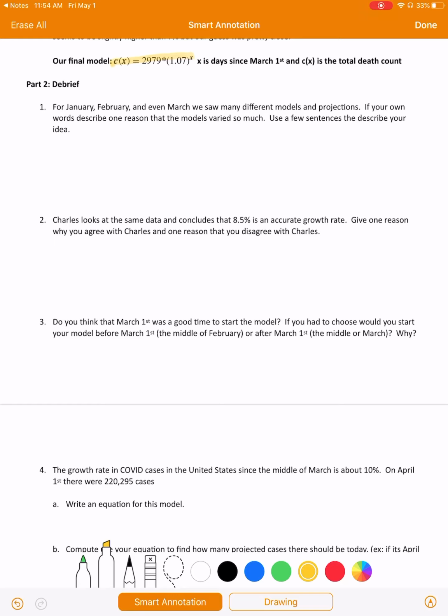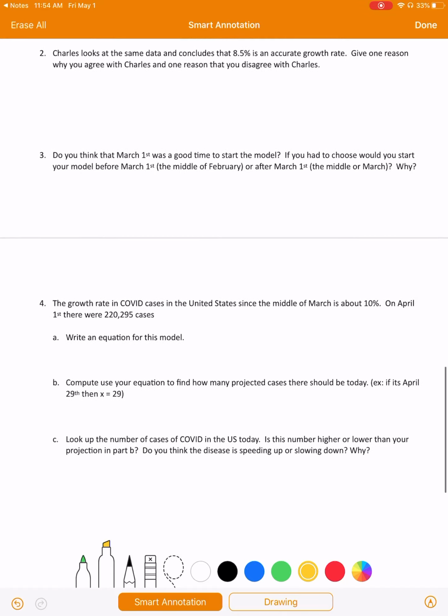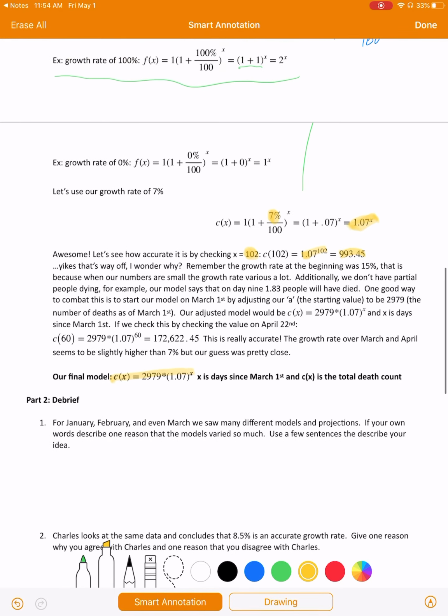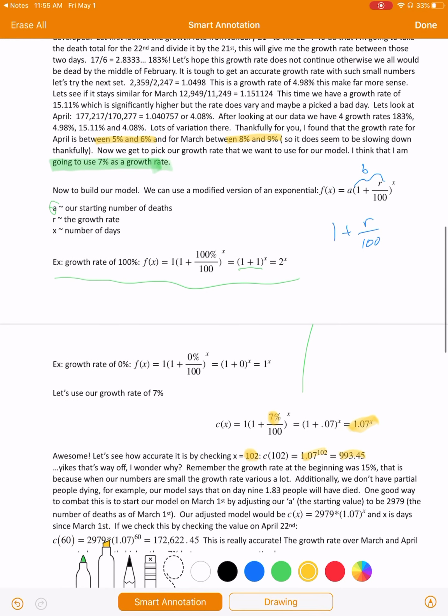The last one is just preparation for Friday. I want you to quickly build your own growth rate formula. So I gave you the growth rate and I gave you your A value, and I just want you to plug it in to our formula, which was right here.